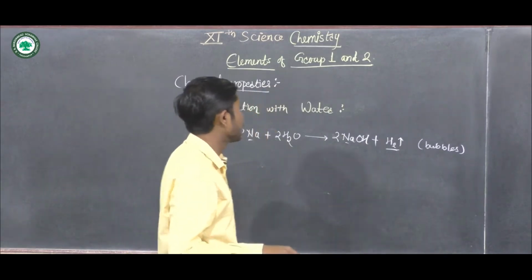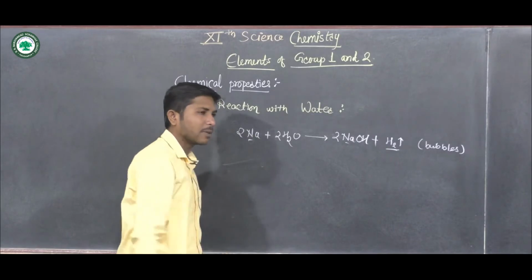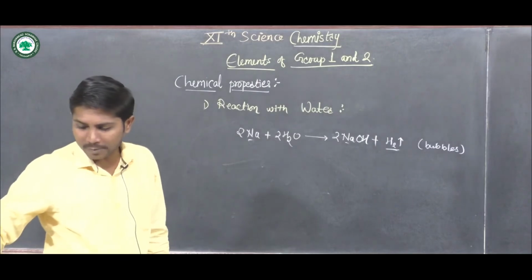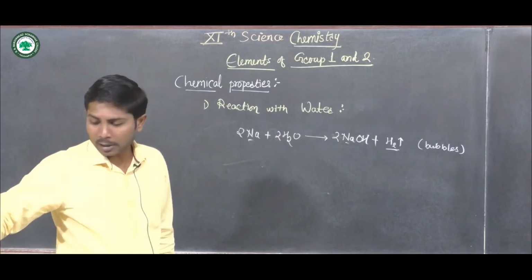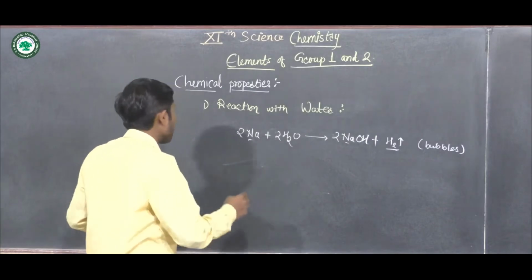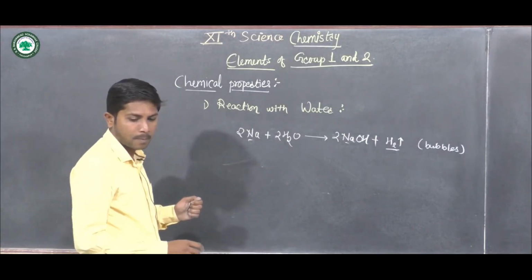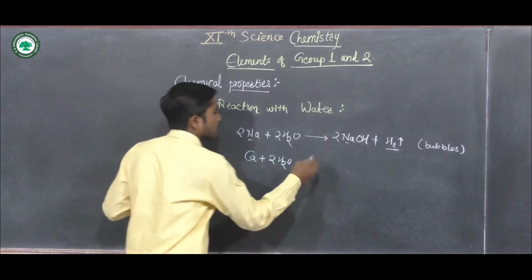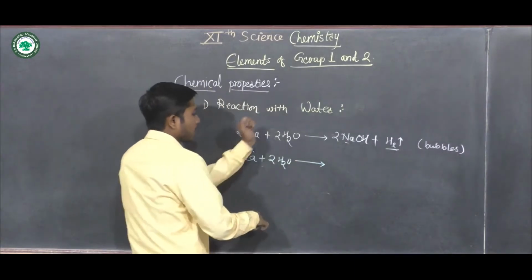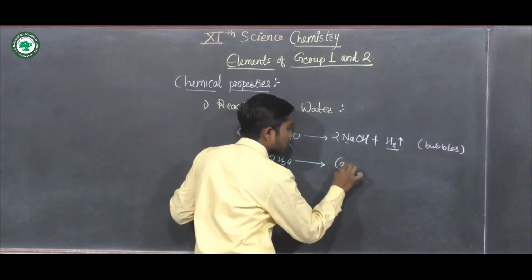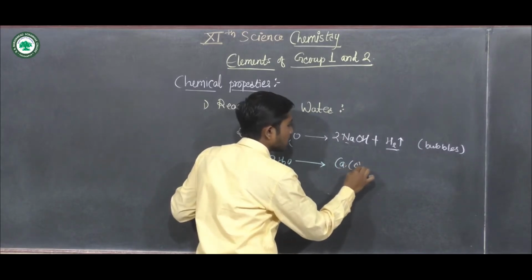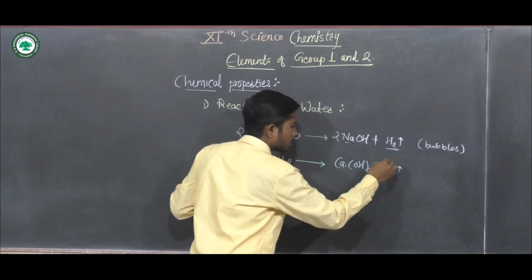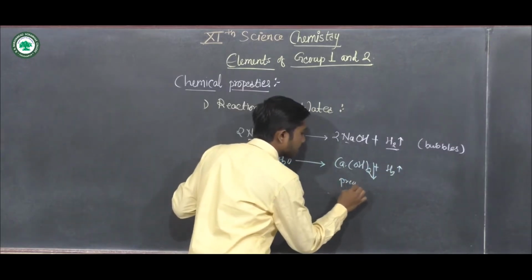These were the reactions, especially of the group first elements. In case of group second, we can note that when group second elements, with the better known example of calcium, when calcium is reacted, or let it react with the water molecule, it gives a precipitate.